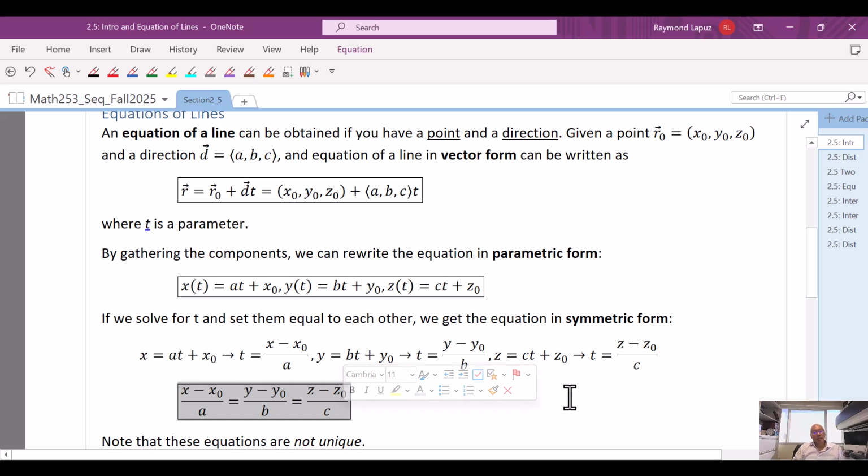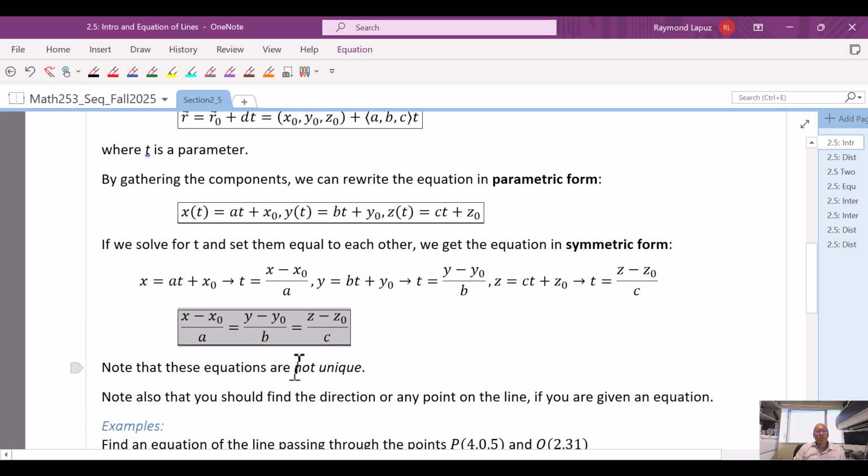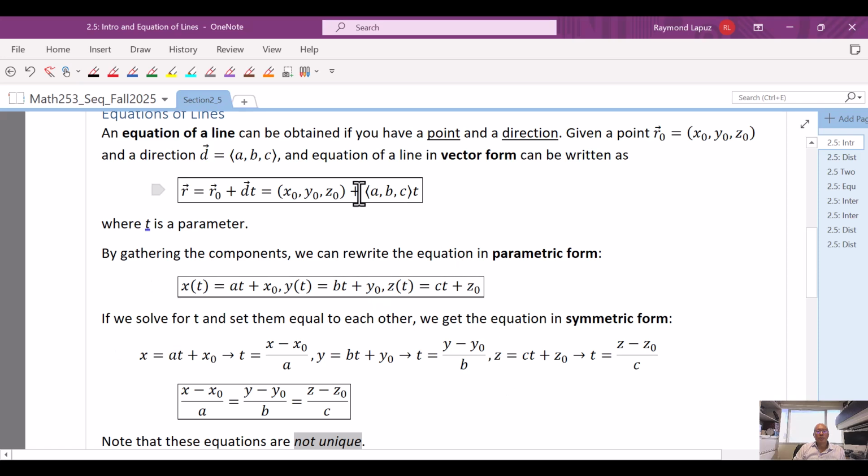All right. A couple of notes for these equations. These equations are not unique. That is to say, if somebody gave you a different direction but still describing the same line, your answer would look different from somebody else's because they used a different direction.